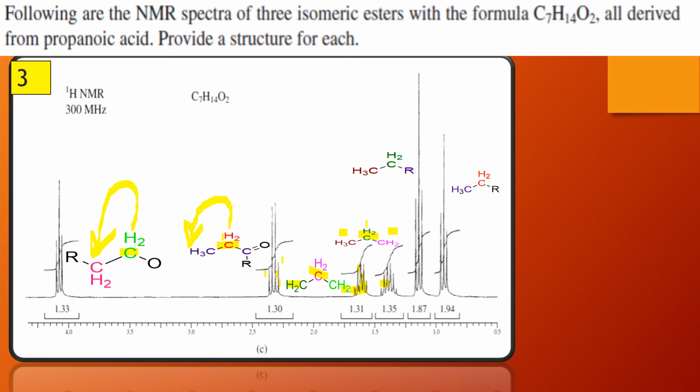So it depends on the chemical shift value, right? You can see the chemical shift value of this CH2 is less, so we will attach carbonyl here, and the chemical shift value of this CH2 is high, so we have to attach the oxygen here.